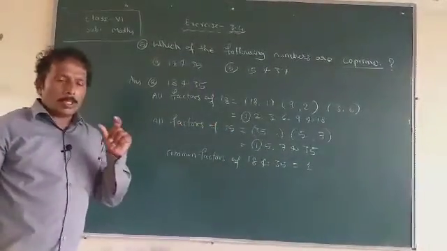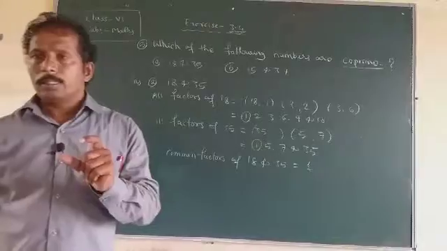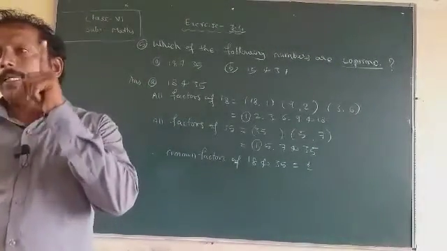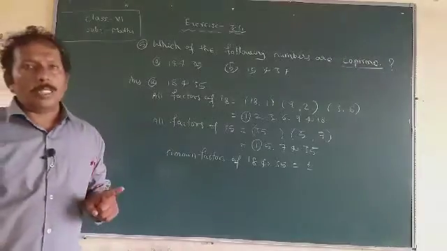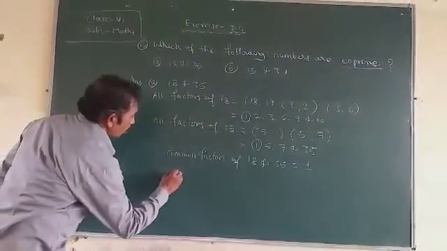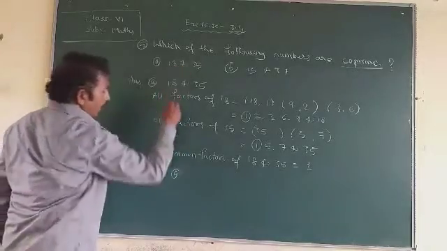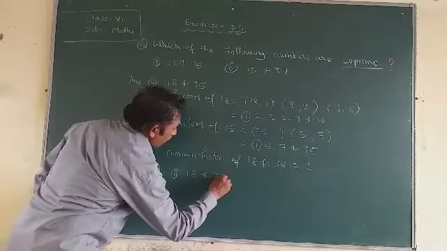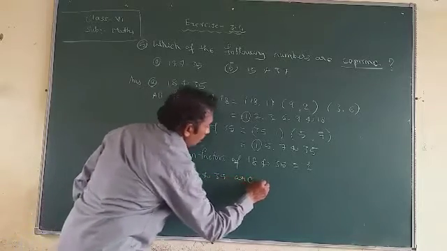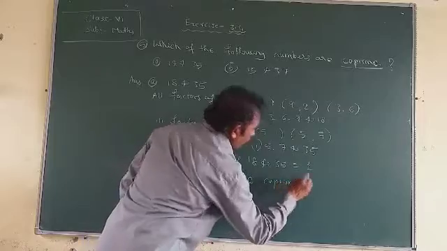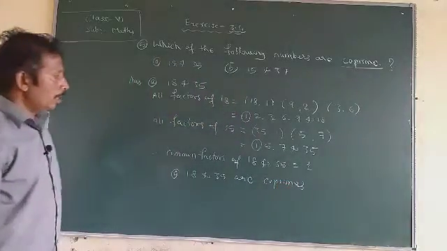When the given two numbers have the common factor as only 1, then those two numbers are said to be co-prime. Therefore, number A, 18 and 35 are co-primes.